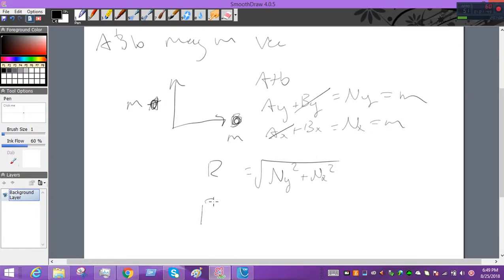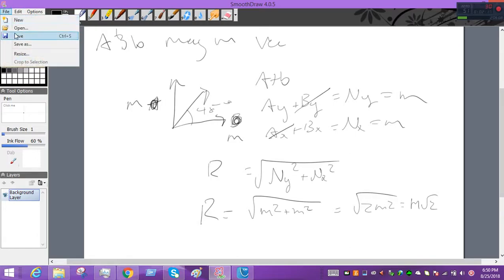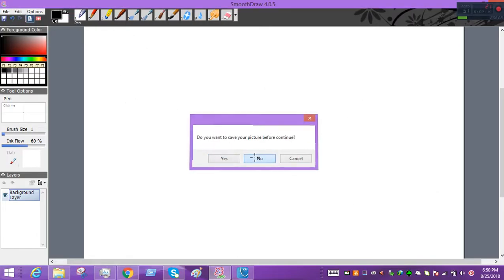Thus the resultant equals the square root of m squared plus m squared, which equals the square root of 2m squared, which equals m root 2. As for direction, since they both have the same magnitude, and one's pure vertical and one's horizontal, it's going to be at 45 degrees. You could also classify it as northeast.